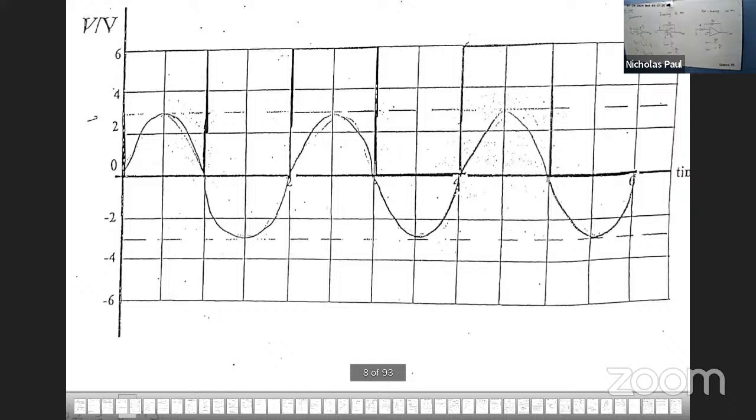Right, so the alternating going up to like 3 volts, right? Which one is the alternating? Inverting and non-inverting?